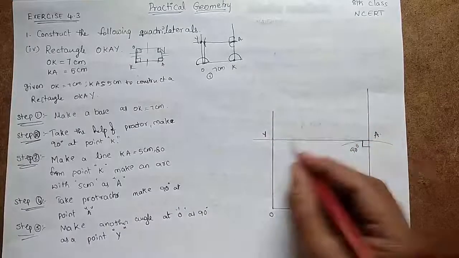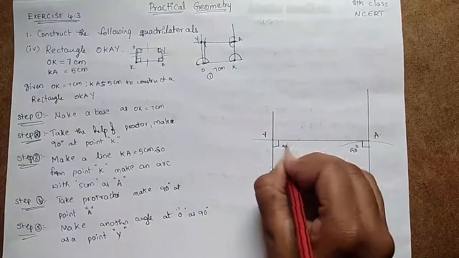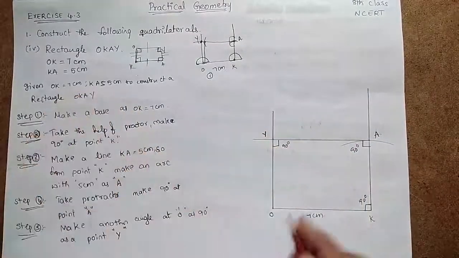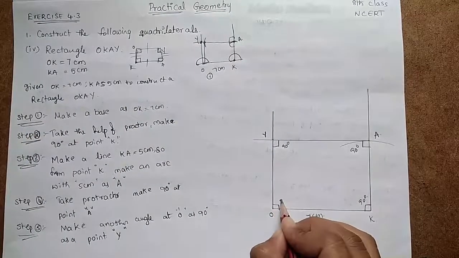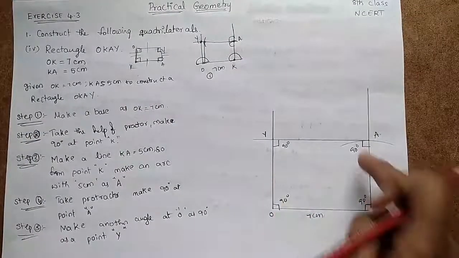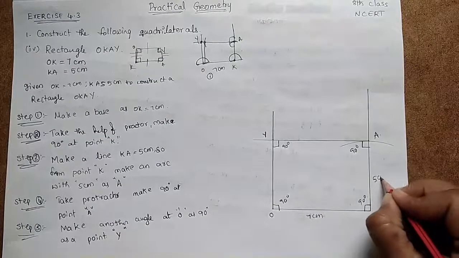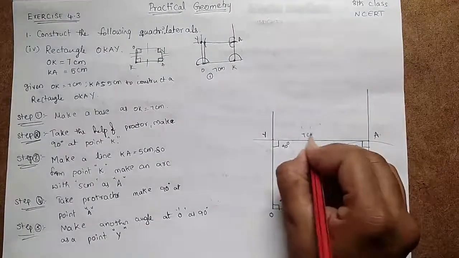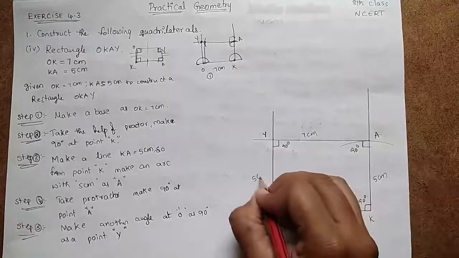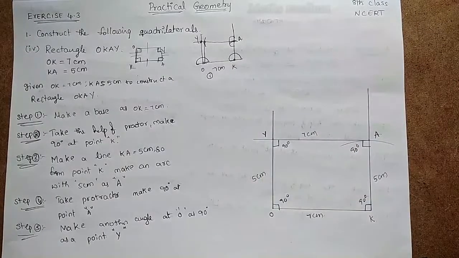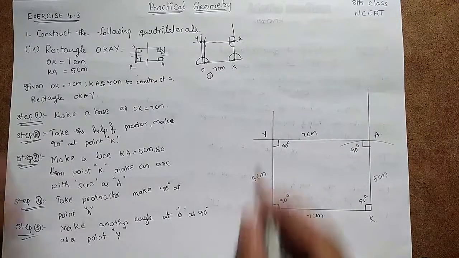This is point Y. Here also we get a 90 degrees. But in case of a rectangle, all points have 90 degrees. That is 4 right angles in a rectangle. Opposite sides are equal. So this is 5 centimeters. Similarly, this is also 7 centimeters and this is also 5 centimeters. So finally we get a rectangle with the given parameters.